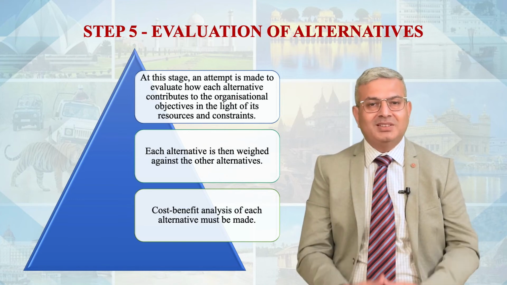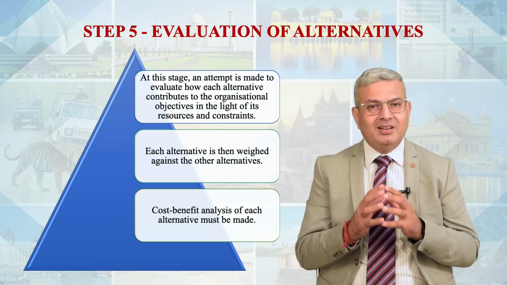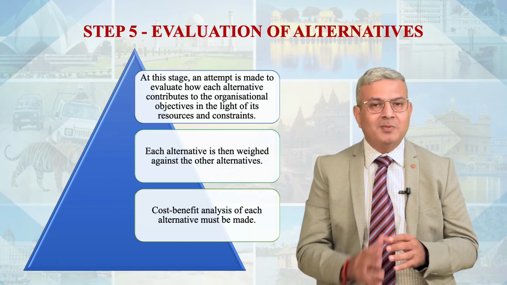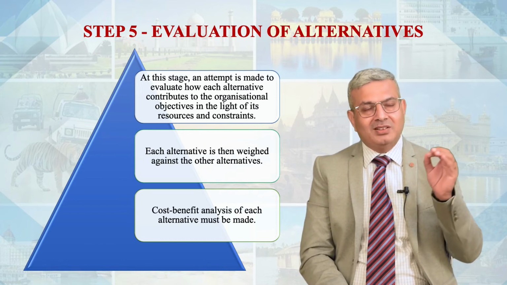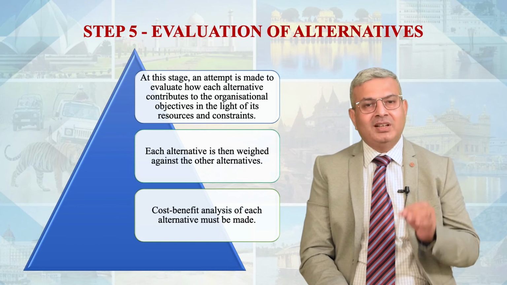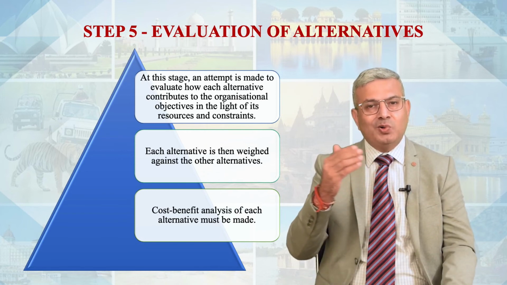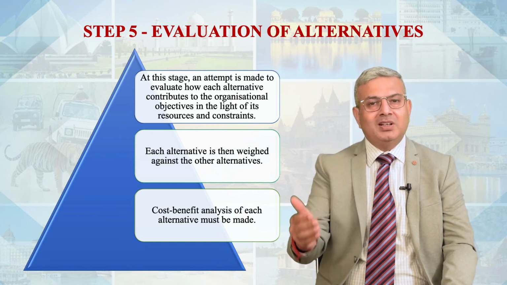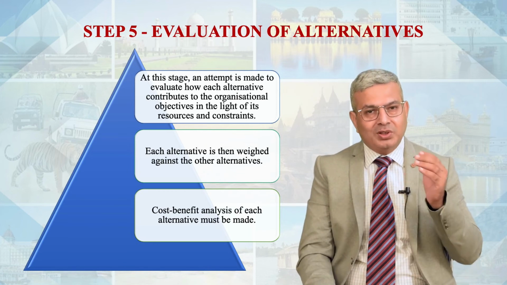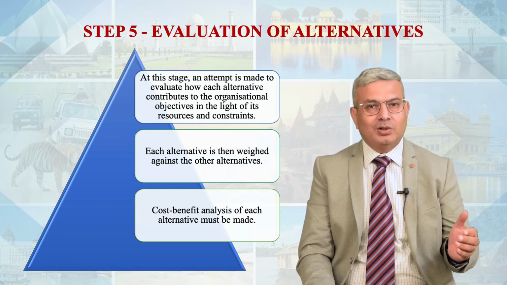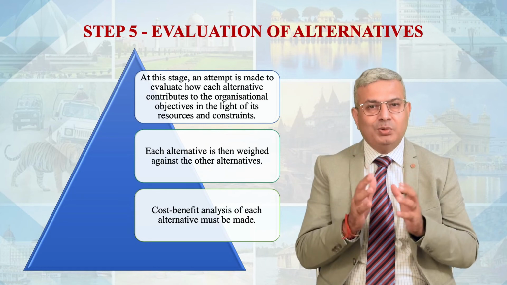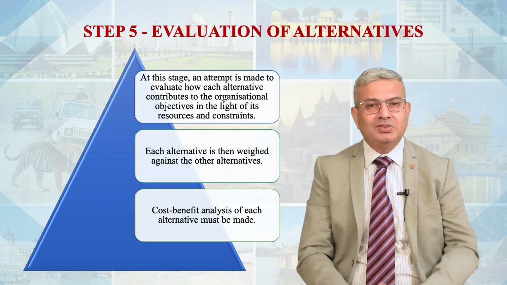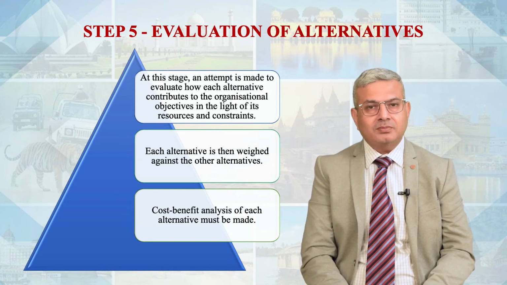certain cost implications. So for a planner, it's very important to understand what would be the respective cost of the option and whether the gains that you are going to achieve through that particular alternative is really worth the cost of that particular option. So a thorough evaluation of each of the alternatives should be undertaken.